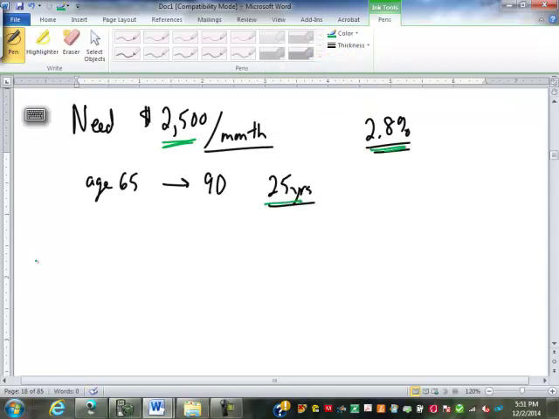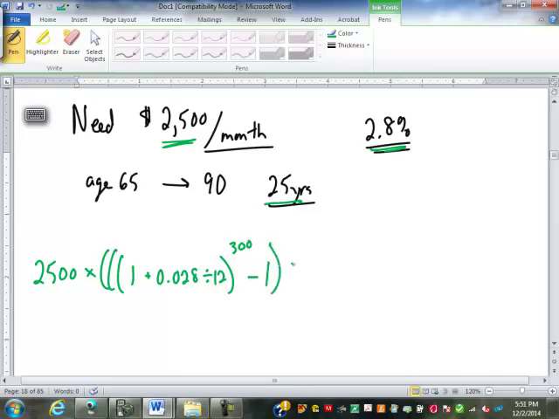This is going to be $2,500 times 1, 2, 3. 1 plus 0.028 divided by 12. The power of 25 years is how many months? Say 300.